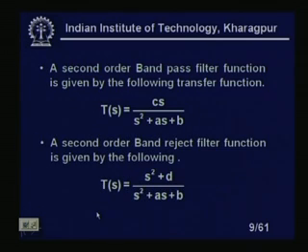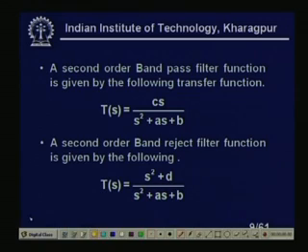A second order band reject filter function will be given by the following equation: s square plus d upon s square plus a s plus b, right. In this case, if d is equal to b, then we call it a band reject function.